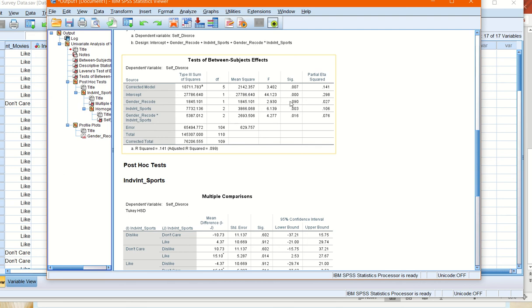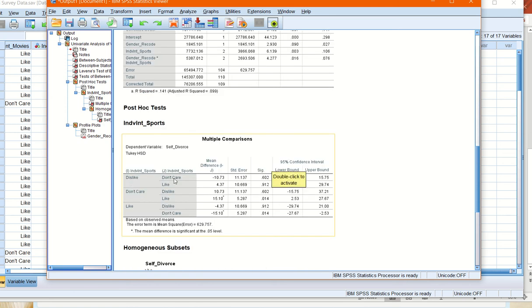It's comparing males versus females. But since we have 3 groups in sports, you do post hoc tests, so it will run a t-test for each possible pair. And as you can see, the asterisks here indicate a significance, and there is a difference between don't care and like, which is indicated here.